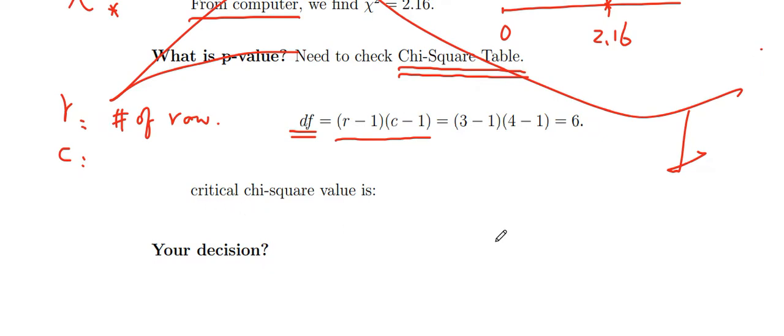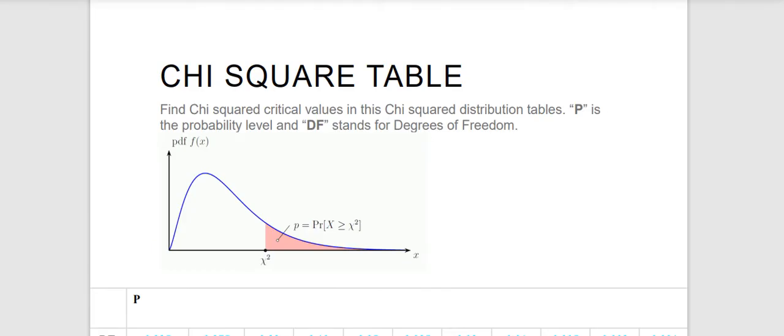So then let's check the chi-square table and find those critical values. Here is a chi-square table.